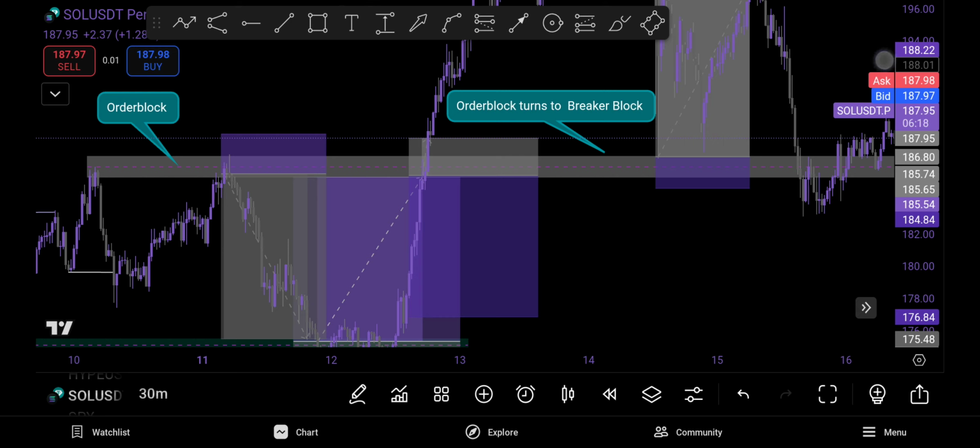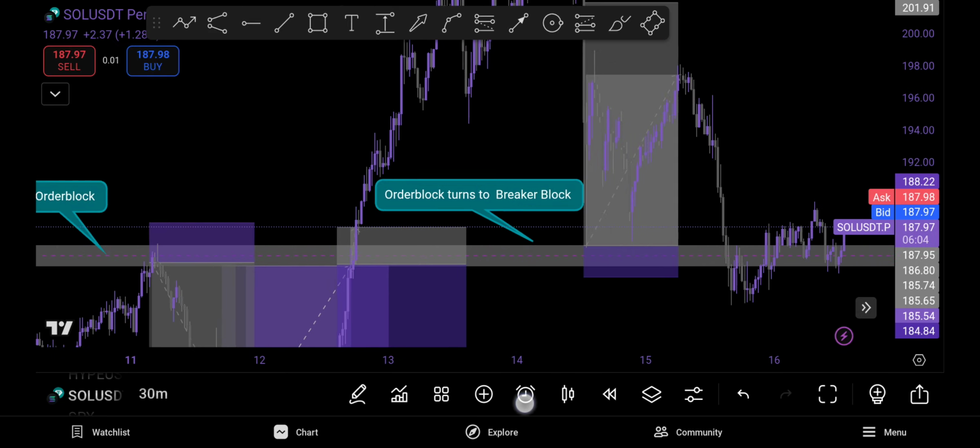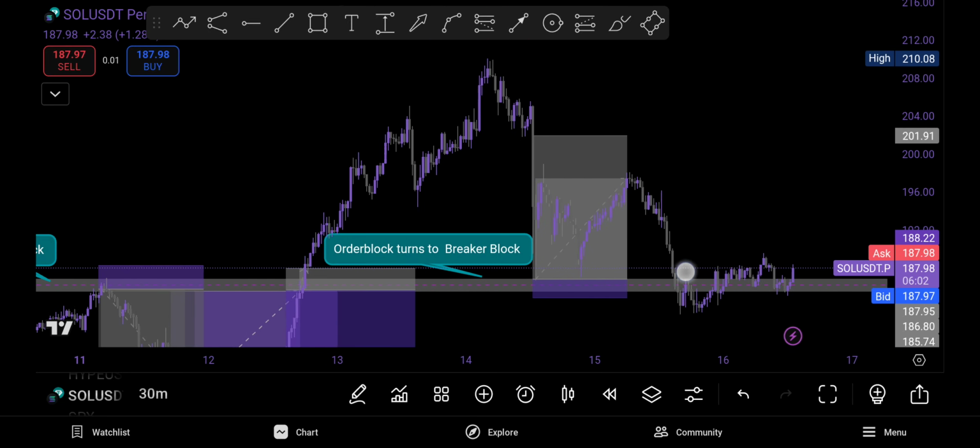You see, the market breaks the order block, then turns into a breaker block. So instead of me looking for short now, I will look for buy, which I did over here.